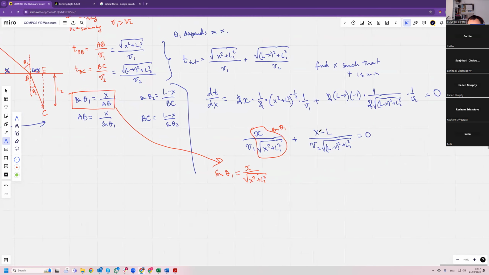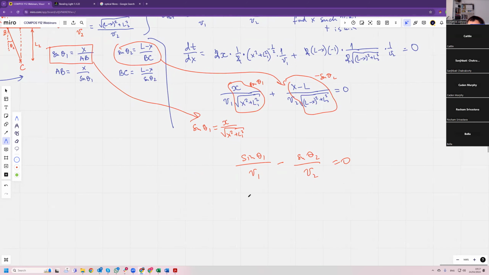And surprise, surprise, sine theta 2 is a very similar expression. This expression is minus sine theta 2. So sine theta 1 over v1 minus sine theta 2 over v2 is equal to 0. In other words, sine theta 1 over v1 equals sine theta 2 over v2.